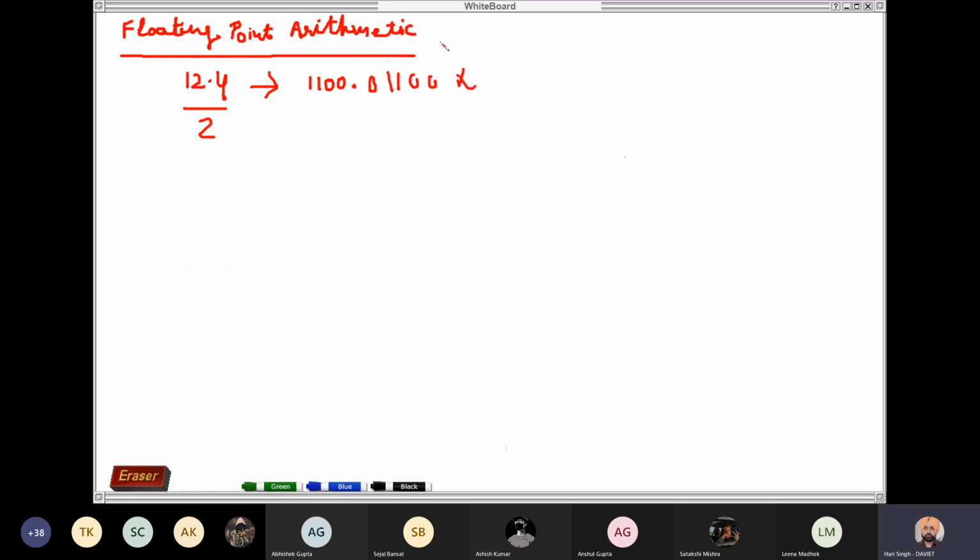Into 2 power 0. Now to simplify the division process, let me make this mantissa a simple fixed point number. So I can shift the decimal place in the right direction.